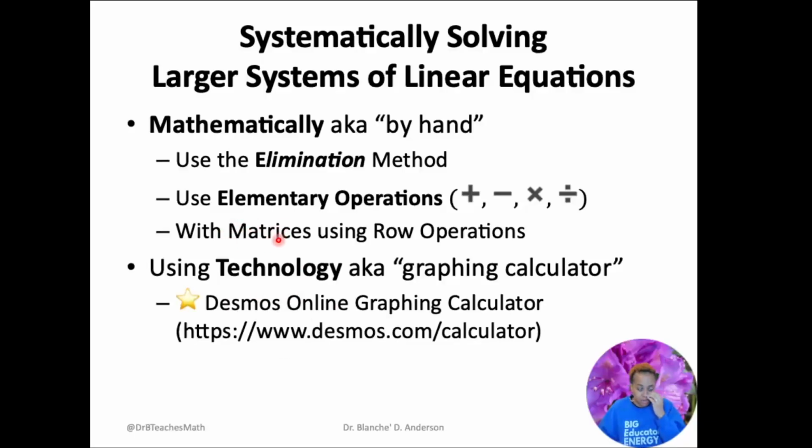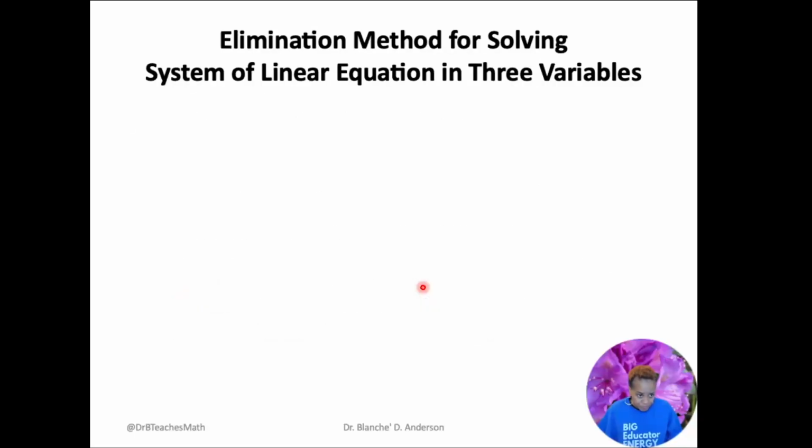In this particular lesson, we're not going to do matrices. I'll do a separate video on how to use matrices. That's probably one of the best methods I've found when you have more than two variables. And then, of course, you can always use a calculator to check your work. But I'm assuming that most of y'all need to see the steps so that you know what's involved.